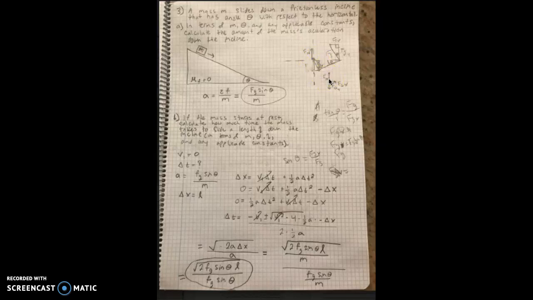So because the mass is not accelerating vertically with respect to the actual incline itself, I know that the normal force and the vertical component of the gravity force are canceling each other out, so what is accelerating the mass is the horizontal component of the gravitational force, which is this one right here.